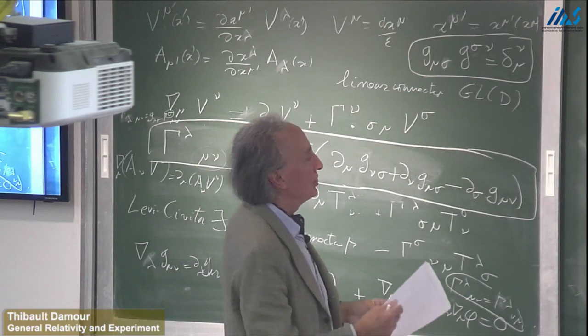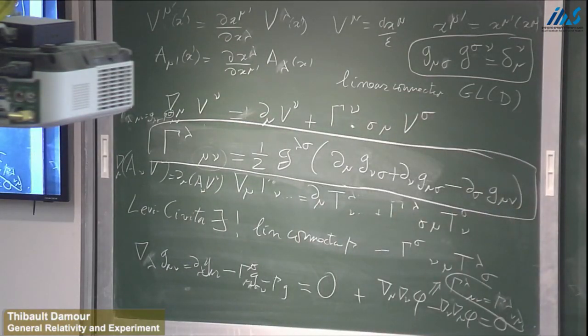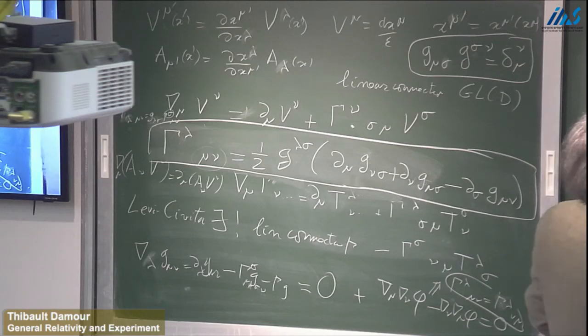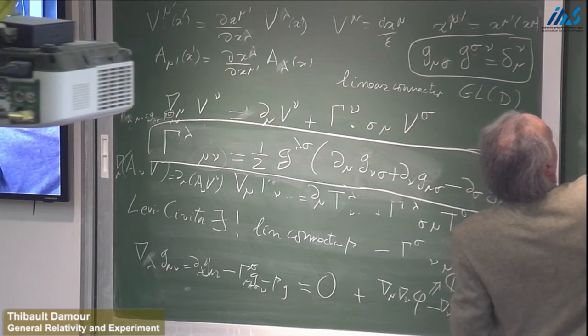But when you think geometrically, if I am in a curved spacetime, at each point of this curved spacetime, given a coordinate system, I have the vectors tangent to the coordinate lines. These are what is called the natural frame, which is often denoted like that.